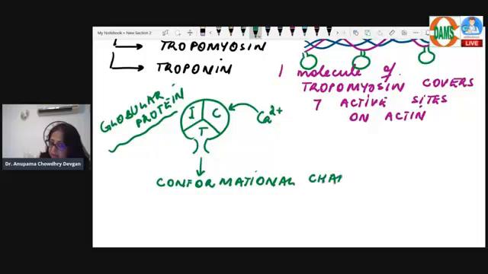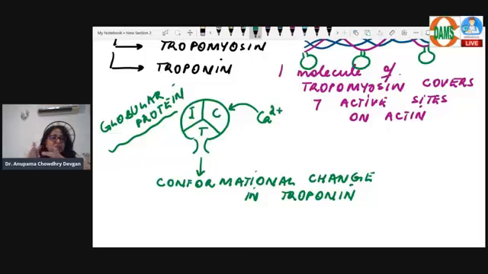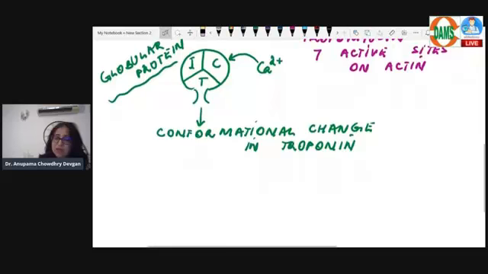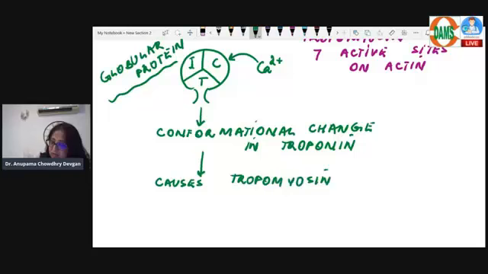There is a conformational change in troponin. The moment calcium attaches to troponin C, there is a change in the configuration, a change in the shape of troponin. This causes the tropomyosin to slide.